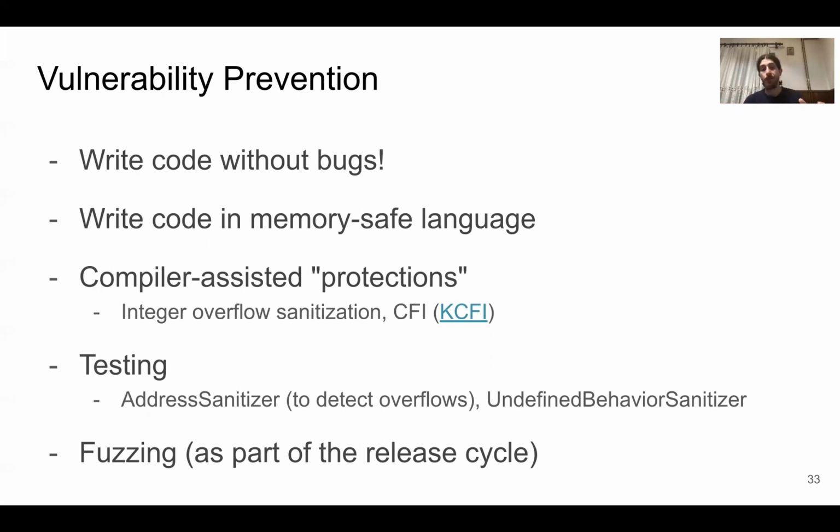Once you compile a piece of code, the compiler tries to check whether there is a potential integer overflow, and it puts in extra checks so that if this problematic path is triggered, then it would crash. Okay. Then you have control flow integrity. Again, there are hundreds of papers on control flow integrity, and these are just random names. You're not supposed to know what they mean, but they're just to say there is a huge trend in trying to find protections that are applicable at compilation time.